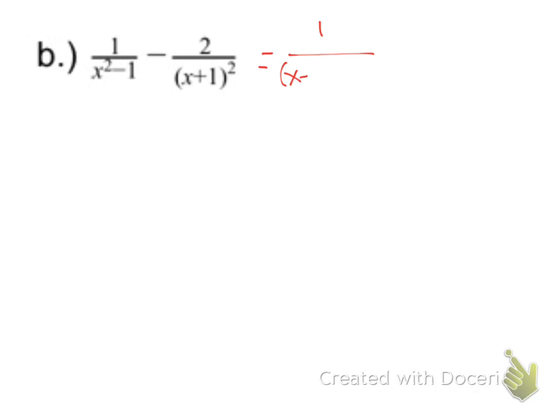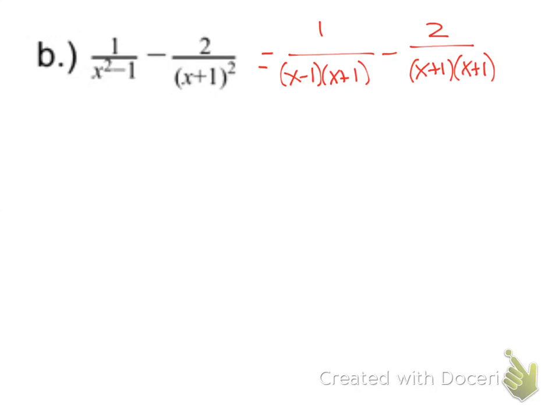Difference of squares, x minus 1, x plus 1, and minus 2 over x plus 1 and an x plus 1. Do not FOIL those together. That would be nonsense. You'd have to break it apart to use it.